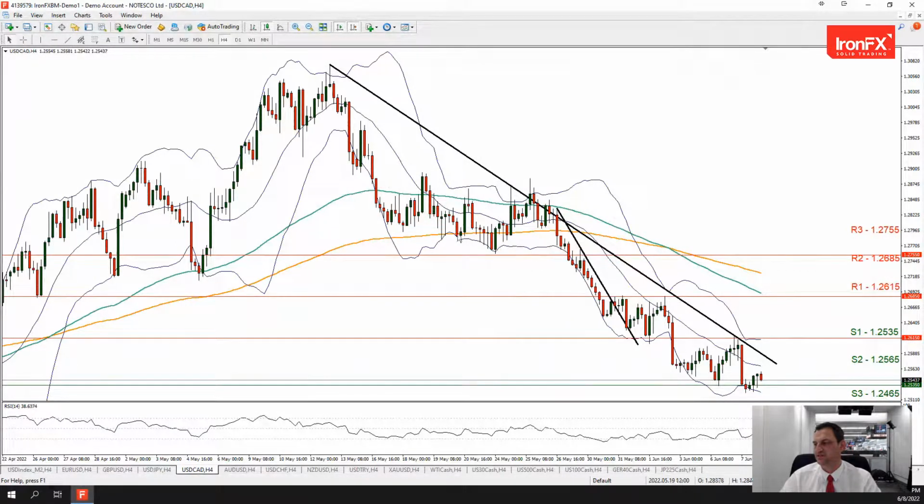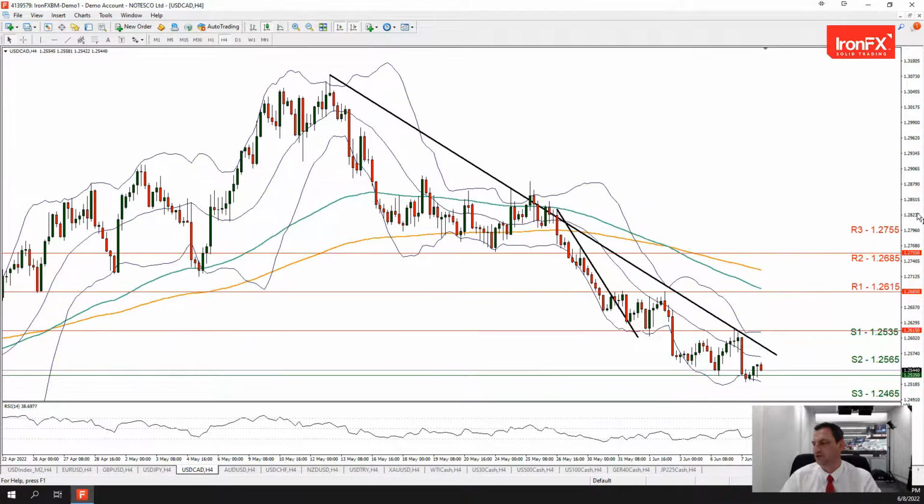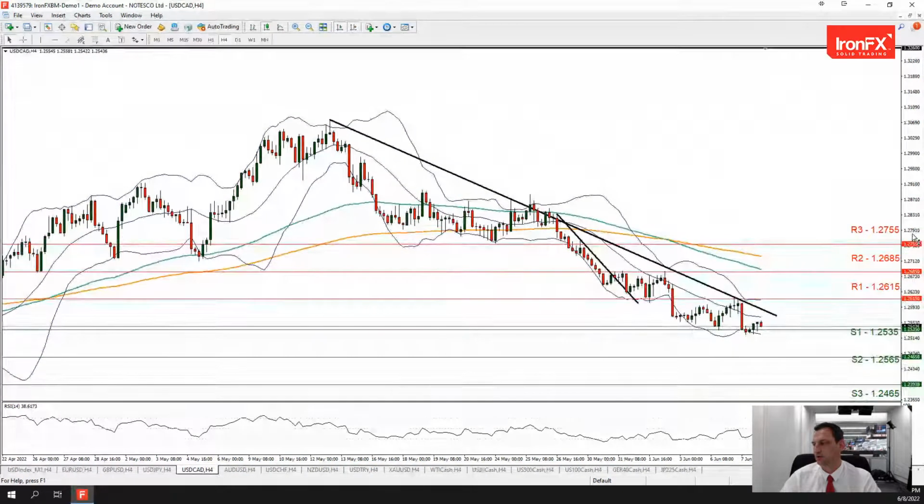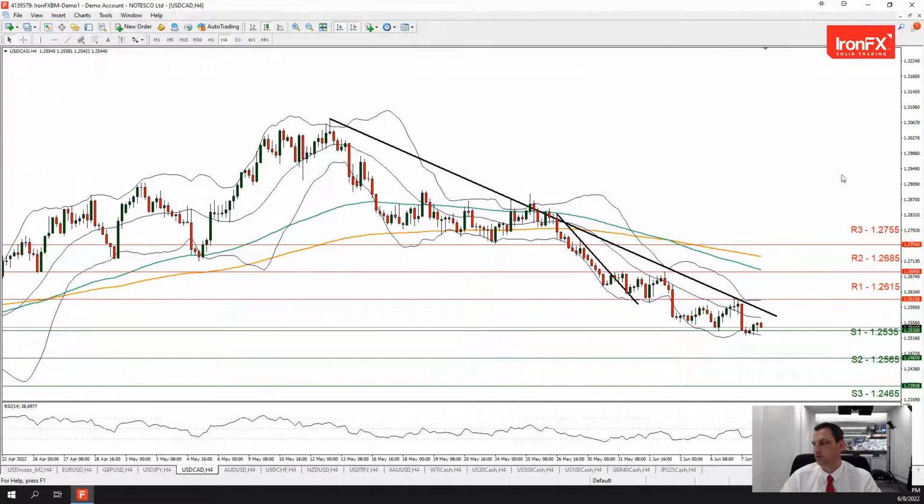There was a stabilization here, but the downward trend line prevailed and price action continued lower. Let me readjust these. So here you go.